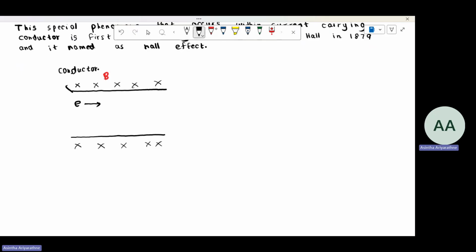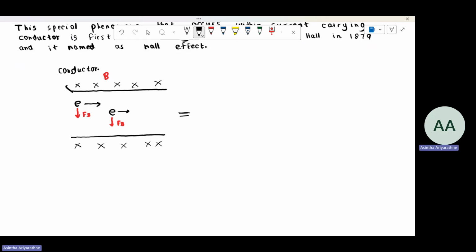So the force FB is acting downward, likewise on other electrons as well. There are a bunch of electrons traveling, since current flow is the movement of electrons. So on all of these electrons, a magnetic force will push them down.